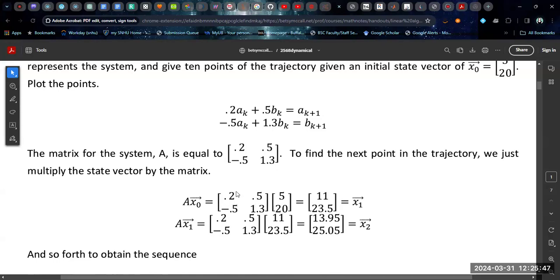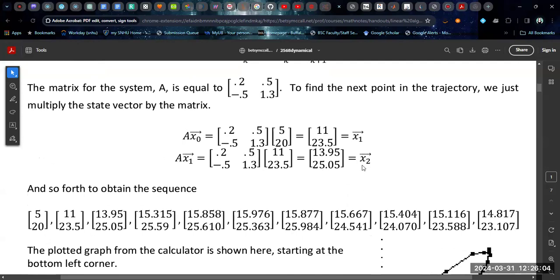So here, if we take our A matrix and multiply it by our initial state vector (5, 20), then we can do a little bit of matrix multiplication, and we find that our new state vector at stage 1 is now (11, 23.5). And then if we want to find the next stage in our trajectory, we'll multiply the vector that we just got by the change of state matrix.